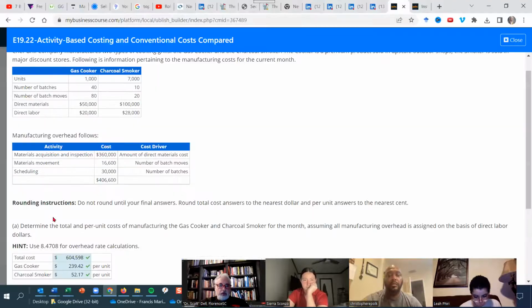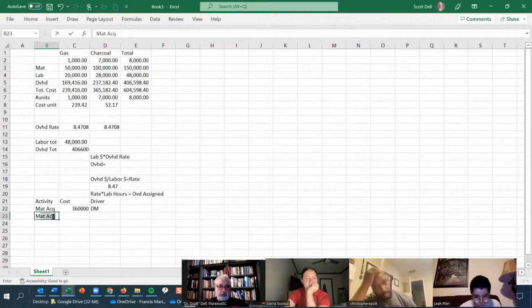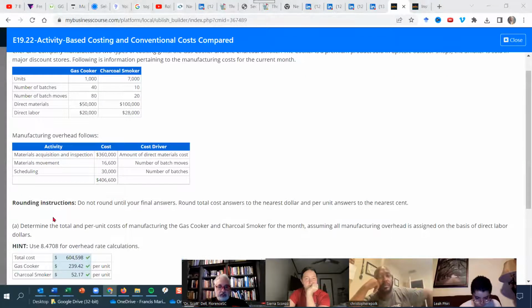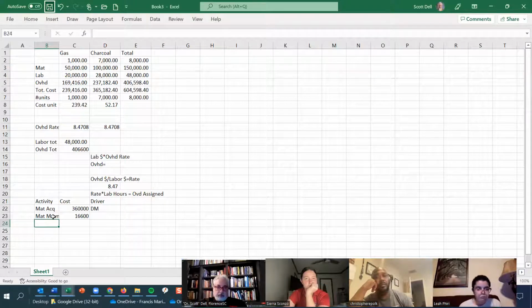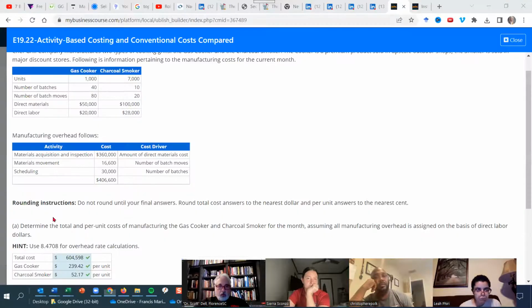And then I'm going to go to movement, material movement. And what have I got there? 16.6. And the driver associated with that is number of batch moves.